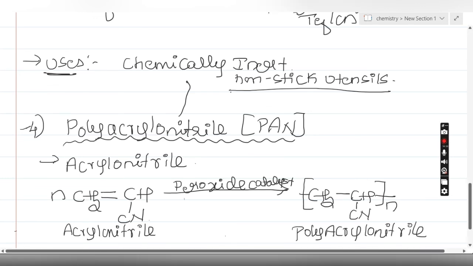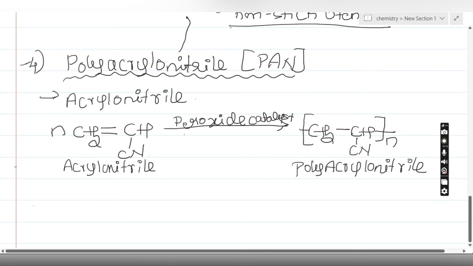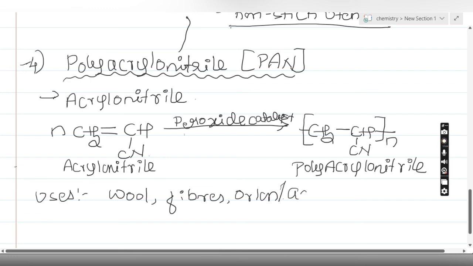That is also very important. Coming back to the uses, the major use of polyacrylonitrile is as a substitute for wool, remember, and also in making commercial fibers. It is also used as Orlon in the name of fibers, or you can call it acrylic.